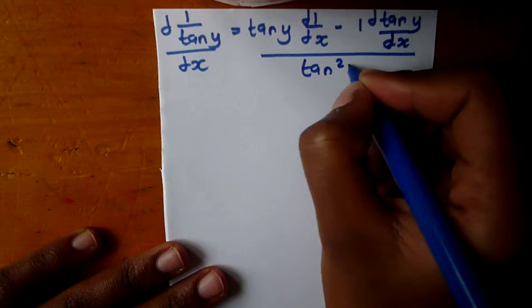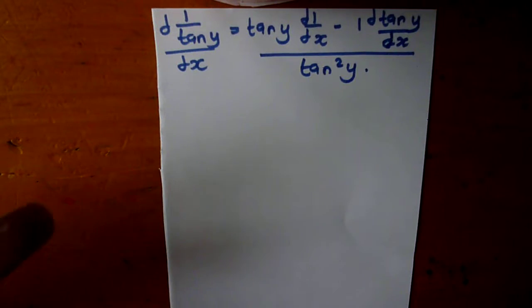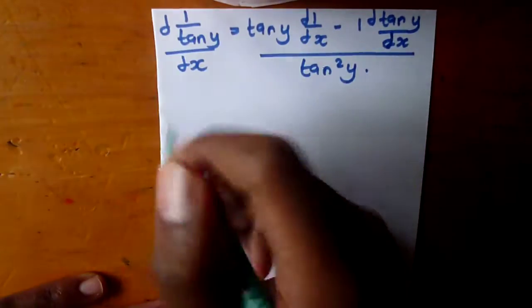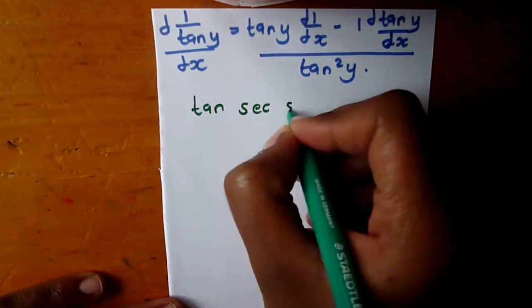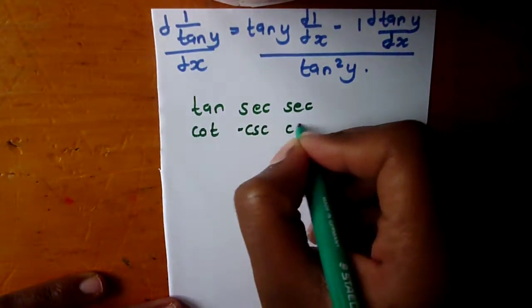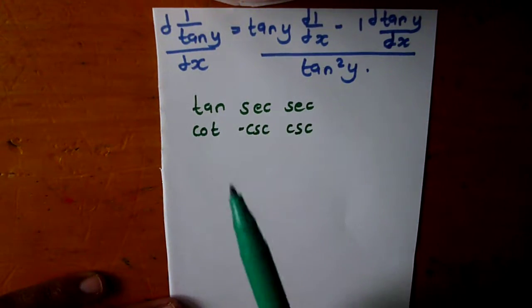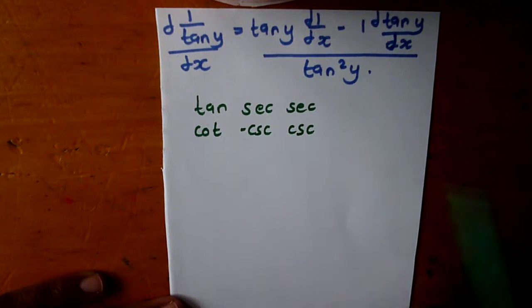tan squared y. A simple way to remember the derivatives of tan, sec, cot and cosec is to use this formula. You simply write tan, then sec, then 1 over tan, which is just cot, then negative cosec and cosec.